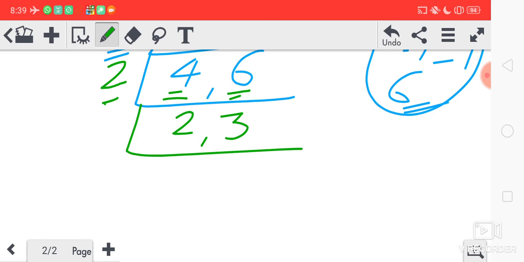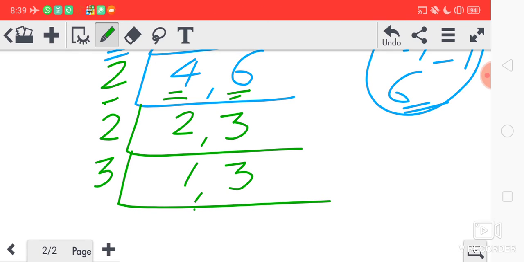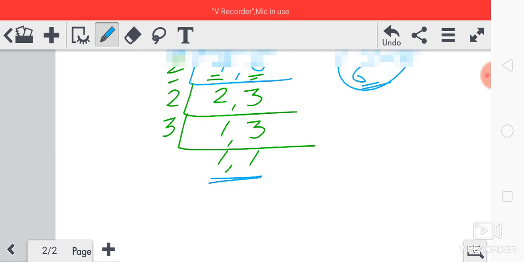Then we'll take 2. 2 1s are 2, and 3 we don't get in the table of 2, so we'll write as it is. Which we don't get, we'll write as it is. Then we'll take 3. 1 will write as it is, and 3 1s are 3. Now at last we have got 1 and 1. So we'll stop when you get 1 and 1.